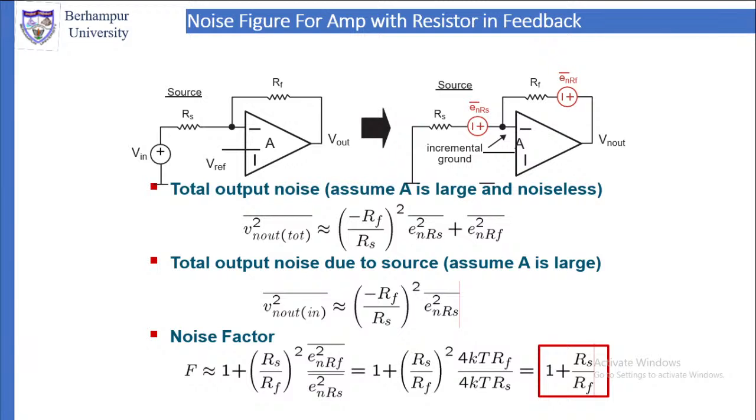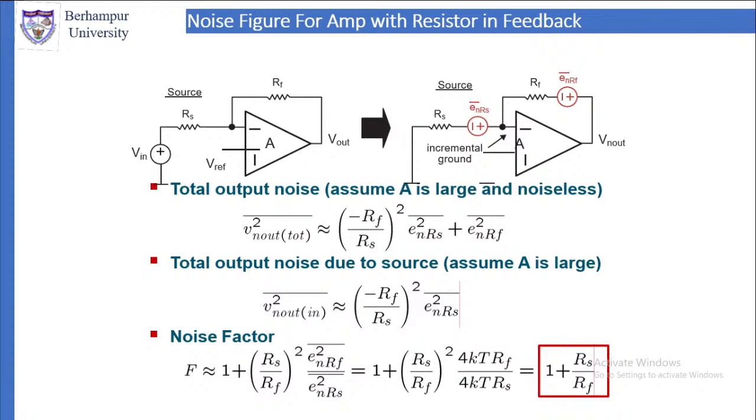With that, the total output noise, assuming the gain to be large and noiseless, the covariance of output noise is approximately equal to minus (RF by RS) whole square into covariance of source noise plus covariance of feedback noise.